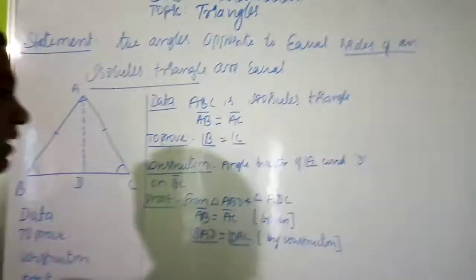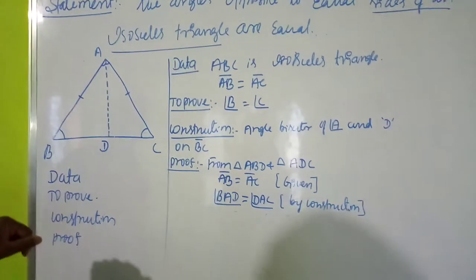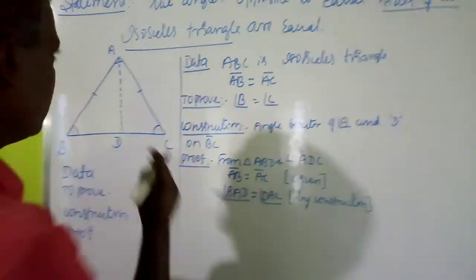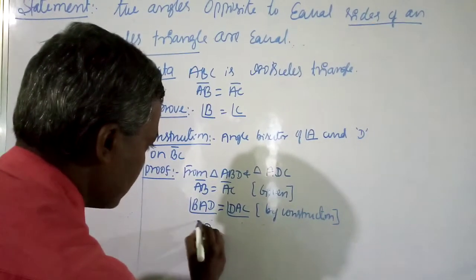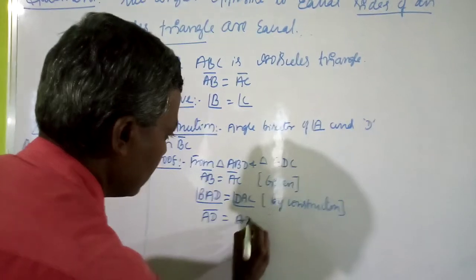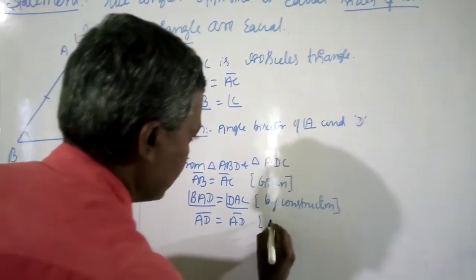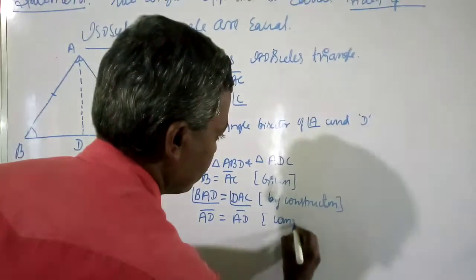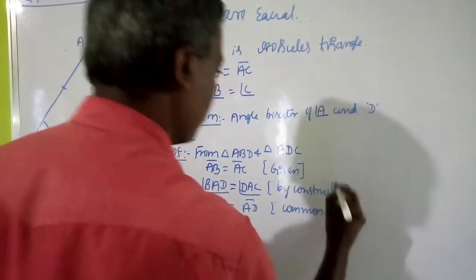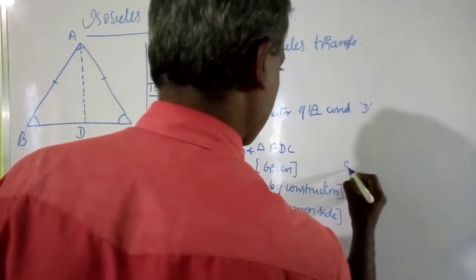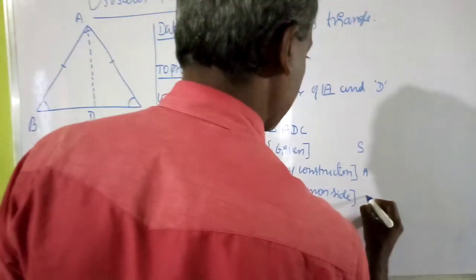Right. So next, we take AD. AD is equal to AD only. So this is a common side. So from this, this is side, this is angle, this is side.